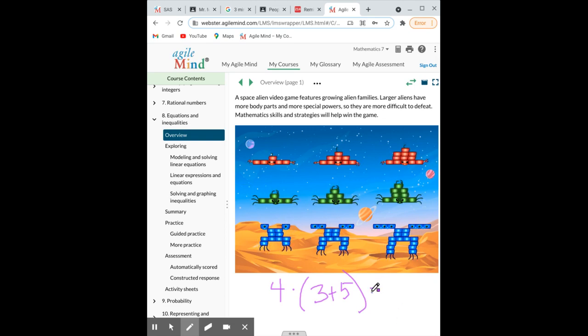What would be equal to that using the distributive property? What's another way we could rewrite that? Can it be 4 times 3 plus 4 times 5? Yes, ma'am. You're 100% correct. Great job.